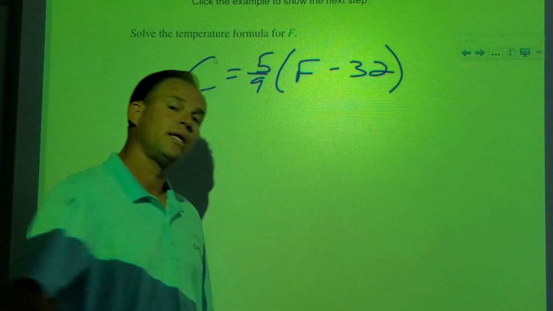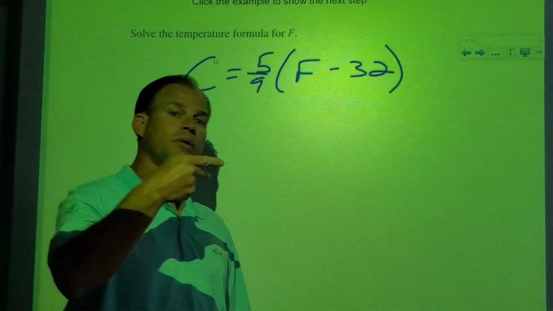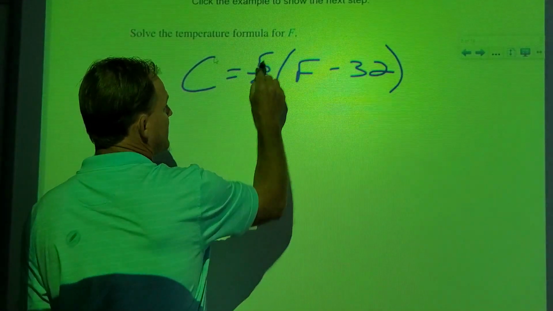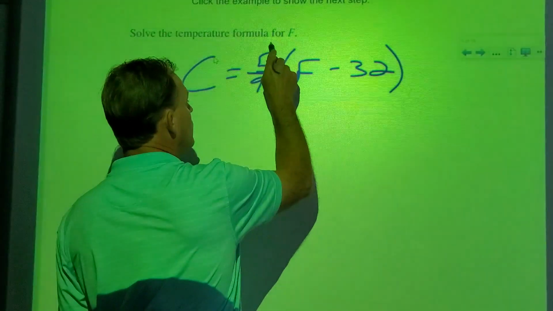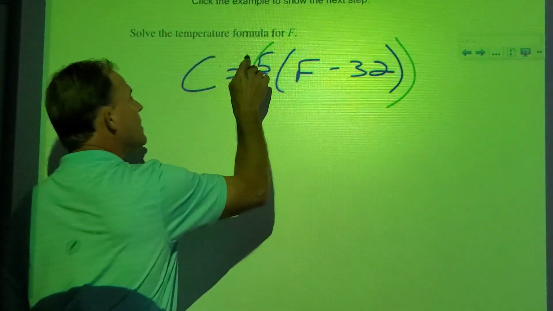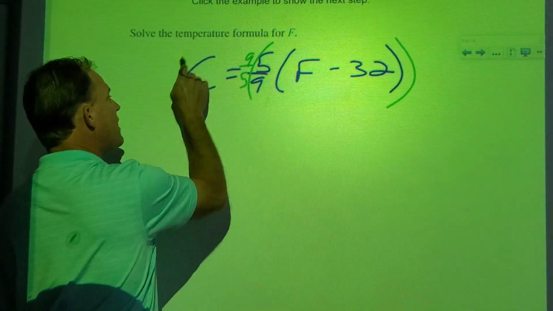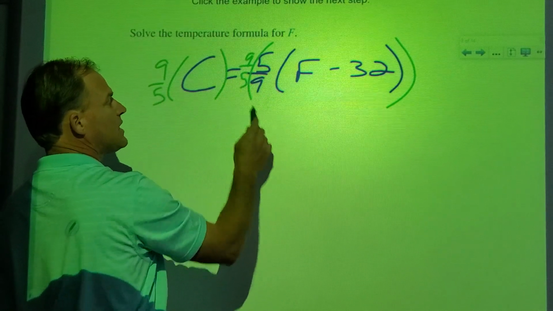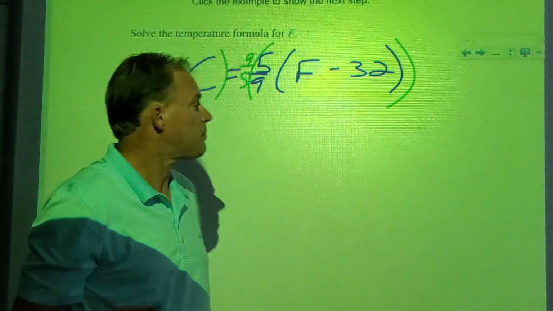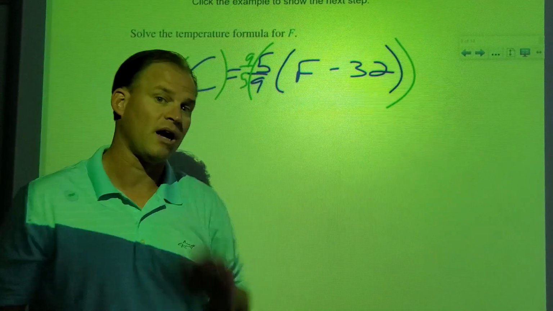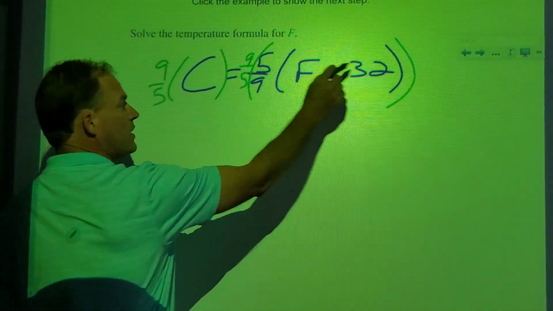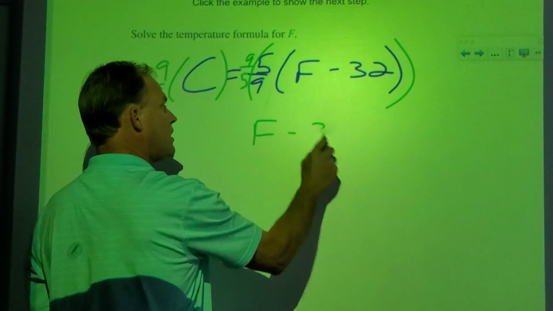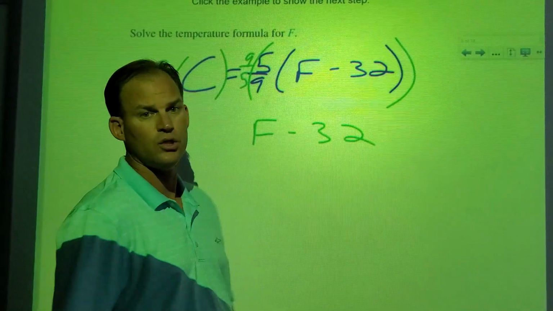The easiest way to deal with a fraction is to multiply by the reciprocal. I have 5/9, so I'm going to multiply both sides by 9/5. 5/9 times 9/5. If you want to go step by step, that's 45 over 45. That's 1. 1 in front of this just leaves me with F minus 32.